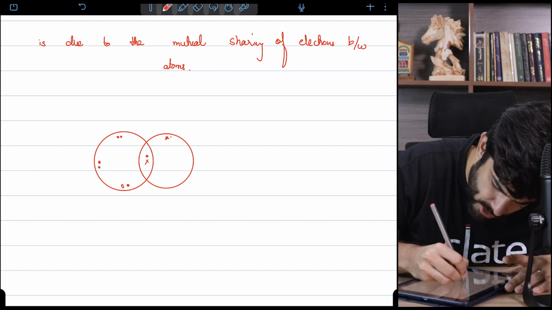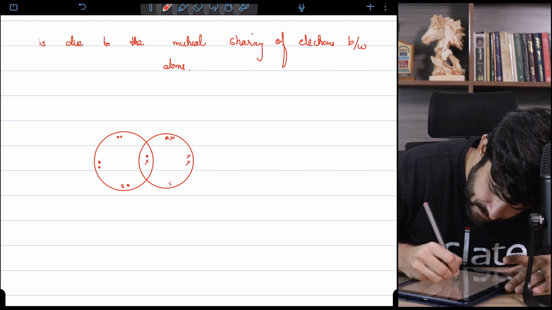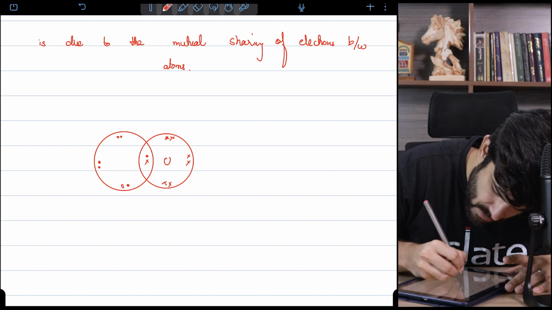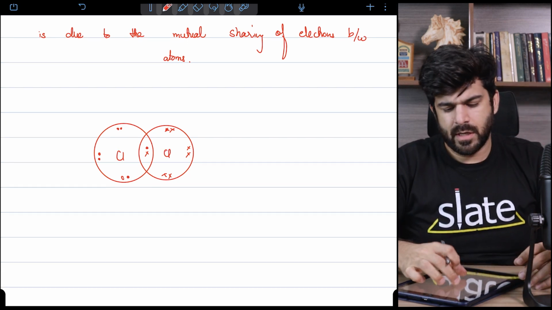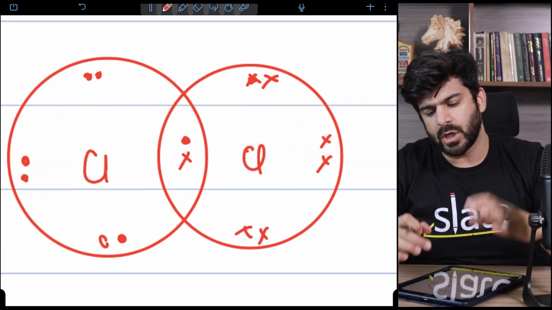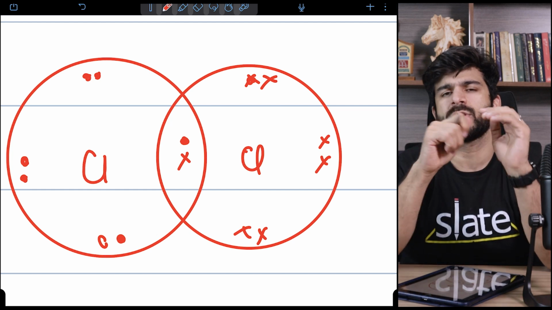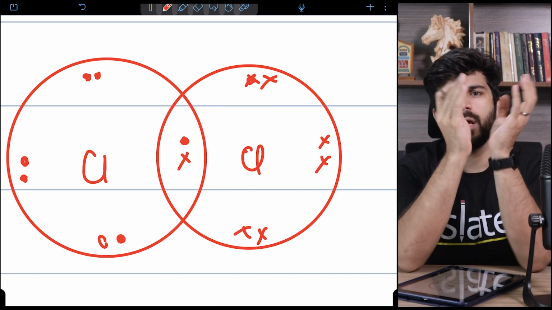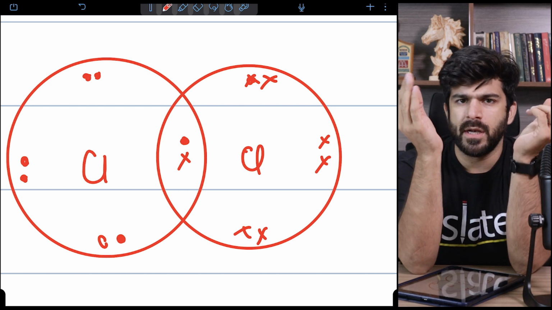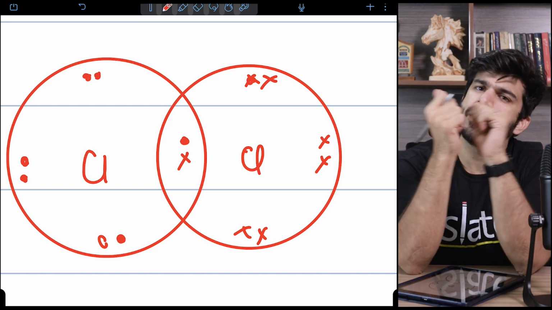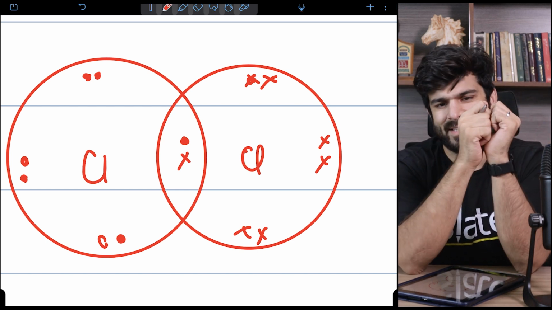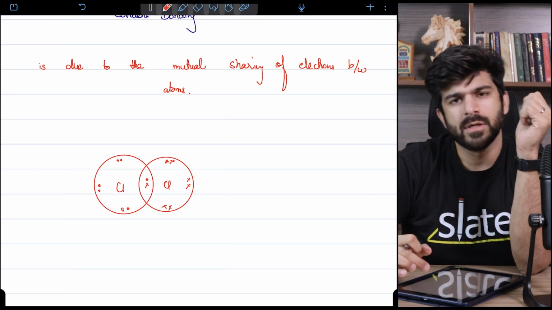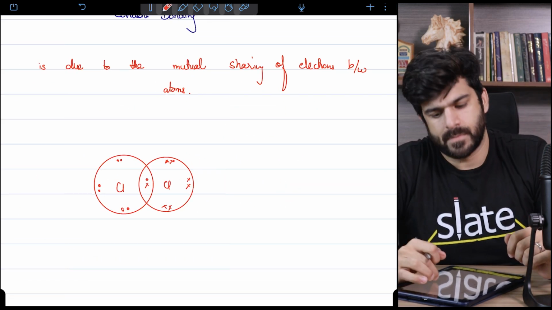The reason we make a dot and cross diagram is that it tells us that both the chlorines mutually shared an electron. So the electron pair, one electron came from each. That is what we know about covalent bonding.